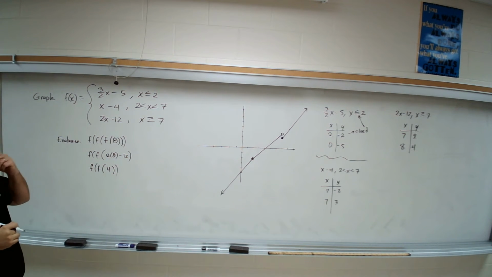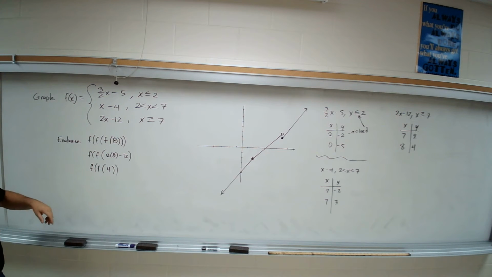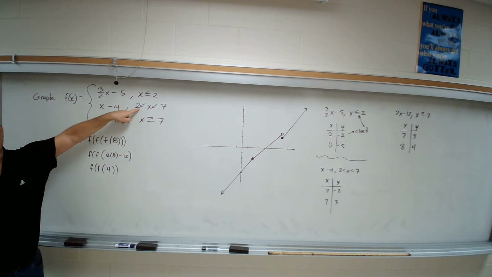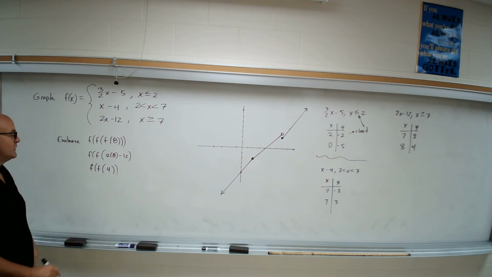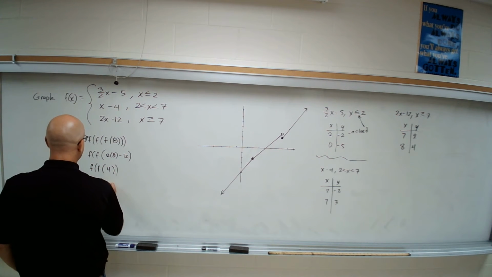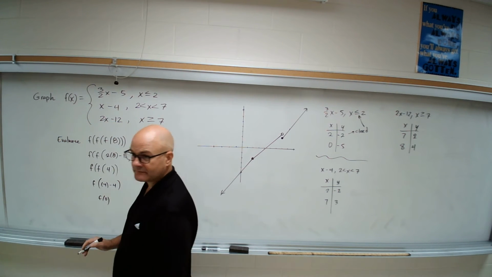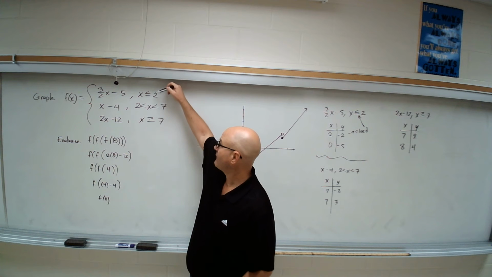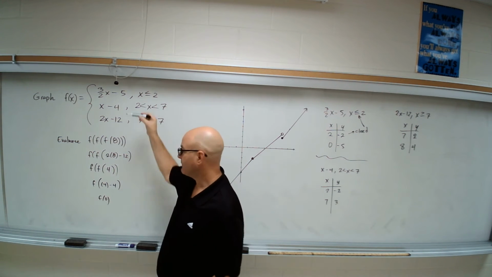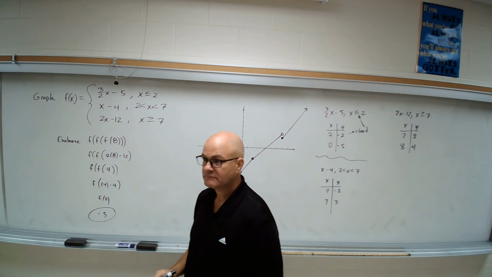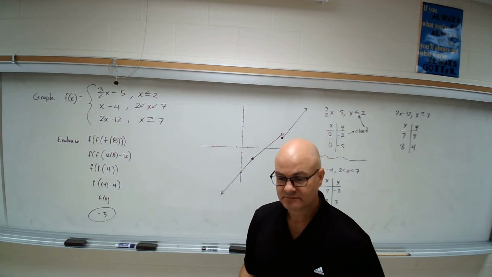That's the same point we had over there, just to kind of verify. Now, when you do f of 4, well, 4 would be in this interval. So our rule would be 4 minus 4. So that would give you f of 0. And then f of 0 would be this top rule, which would be negative 5. Oh, a lot going on there.